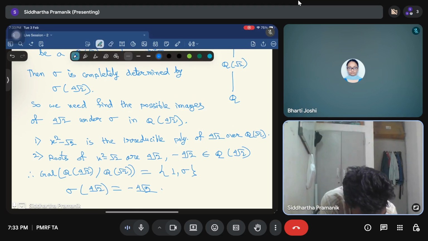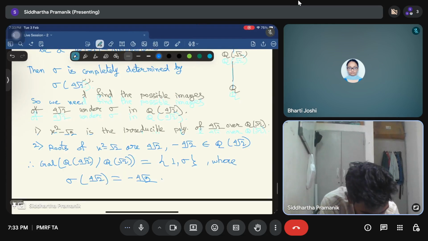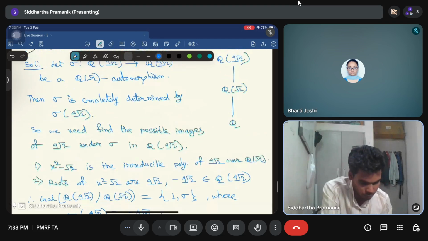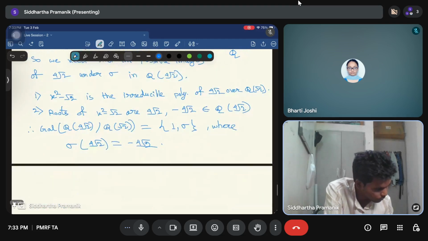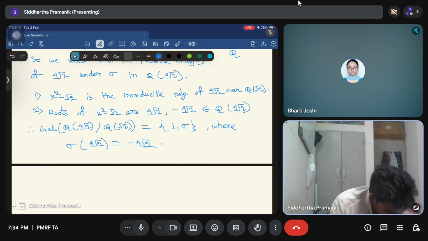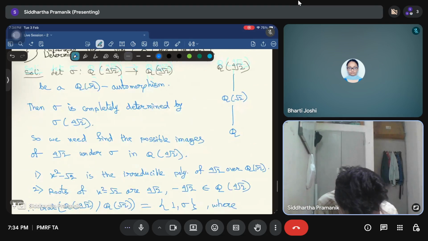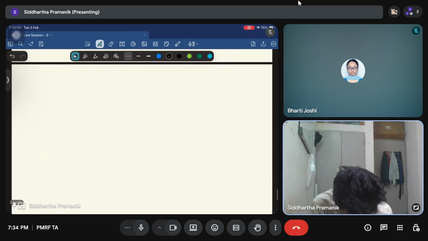So we have only two elements in the Galois group. This is the description of the Galois group. Okay, let's do maybe one more problem, maybe an easier one.